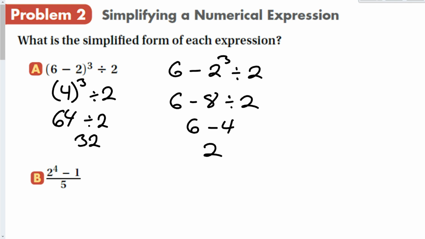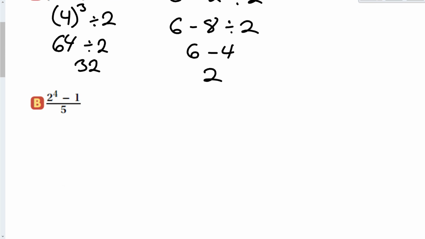How about part B? Notice that the 2 to the 4th power minus 1 is all over 5. That makes a big difference because we're going to have to do everything up top first before we simplify the expression.